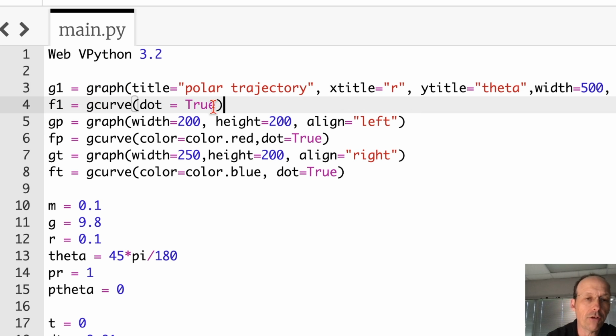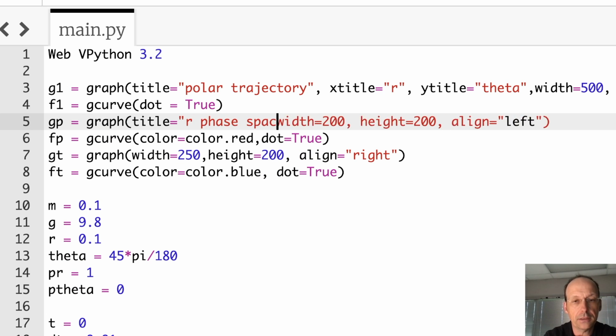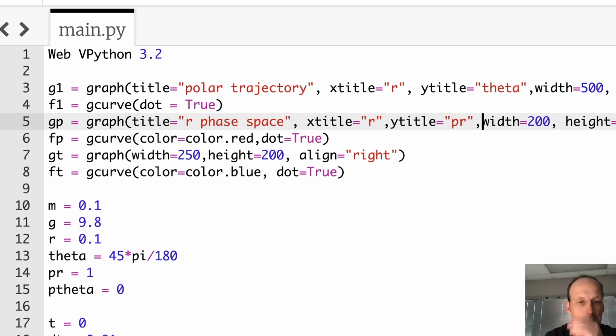Now I'm going to make another graph right here, and it's 200 by 200, and that one's going to be my R graph, my R phase space. So let's put title equals R phase space, and then X title is going to be equal to R, Y title is PR, and then down here this GT, that's for theta.